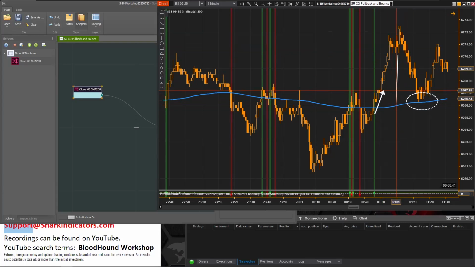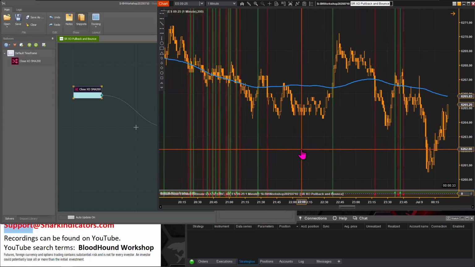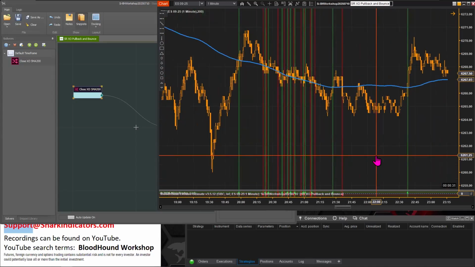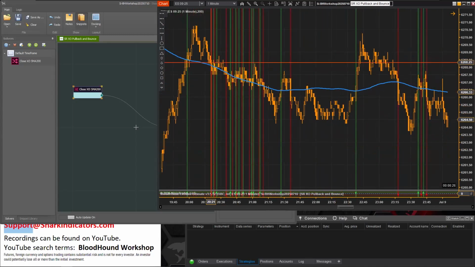We can add this to it. I guess this is a good example: we can see here that price is basically hugging the SMA 200, just kind of consolidating around it.